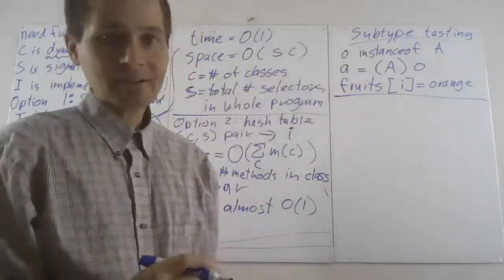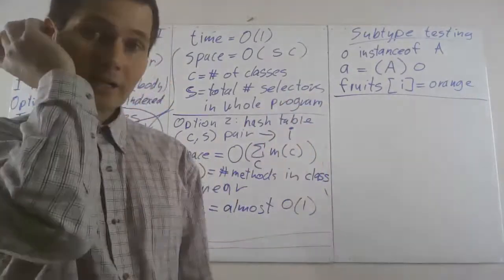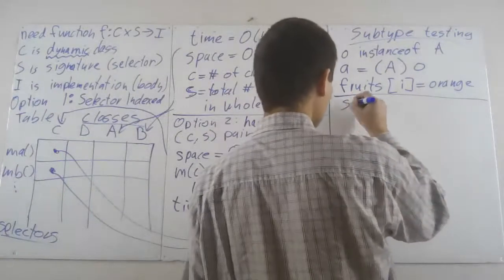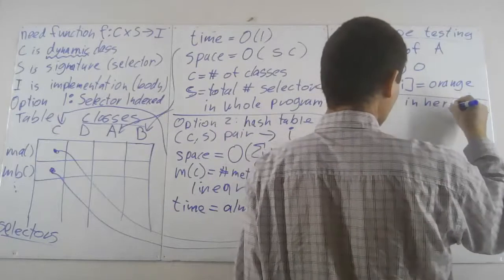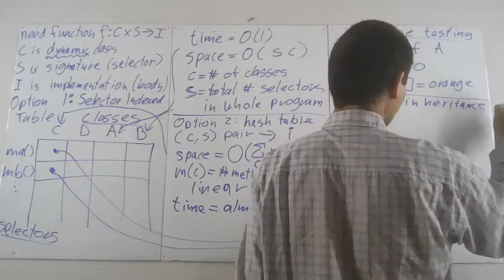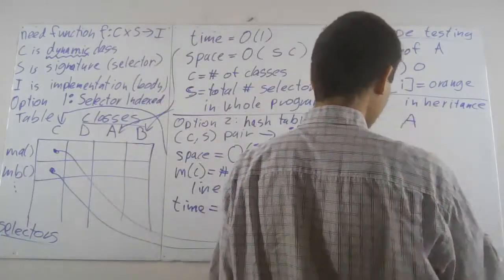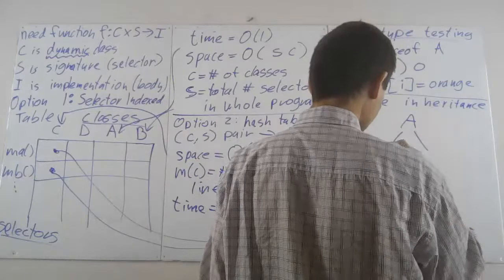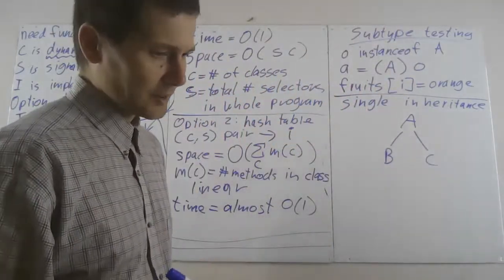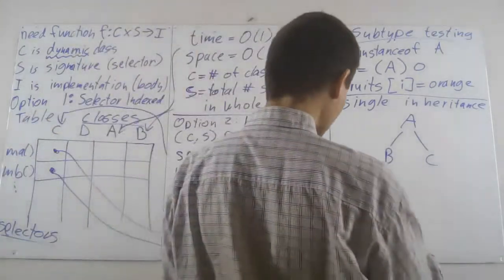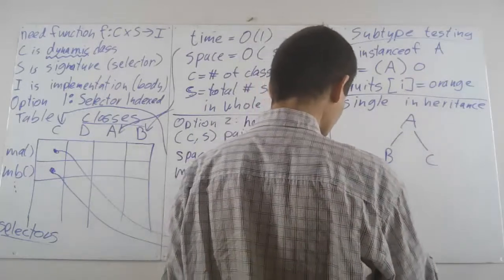So how do I answer this question? If I have single inheritance, there's a nice, simple, efficient method that works. So let's look at that first. I'm going to show you this by example. Let's say I have a superclass A and two subclasses B and C. I'm going to do a depth first search, DFS, of my inheritance tree.